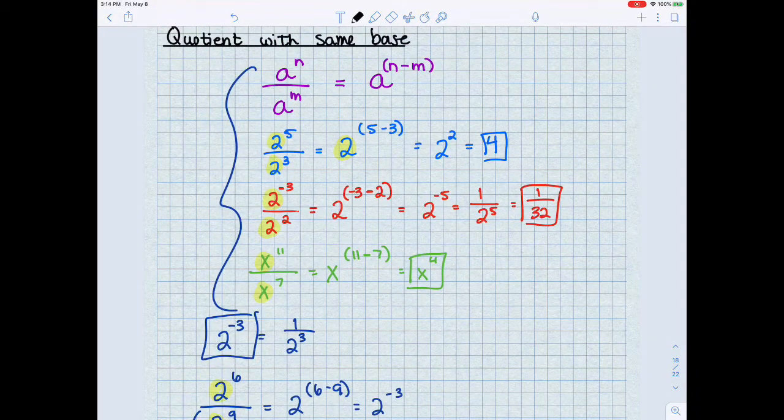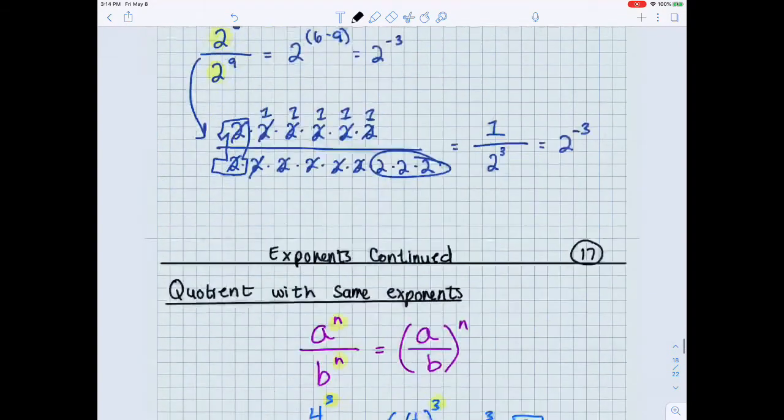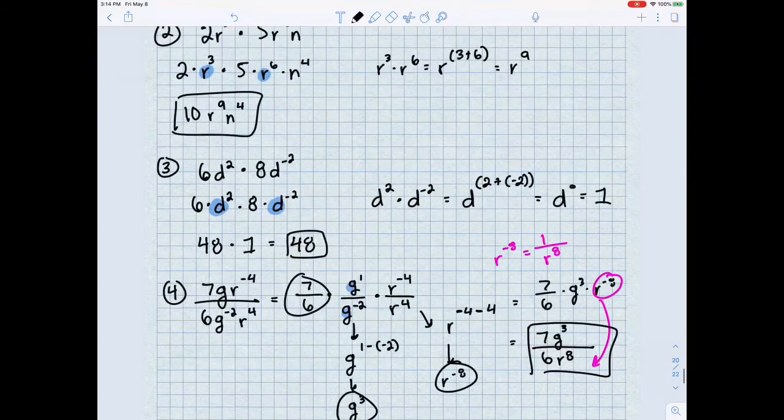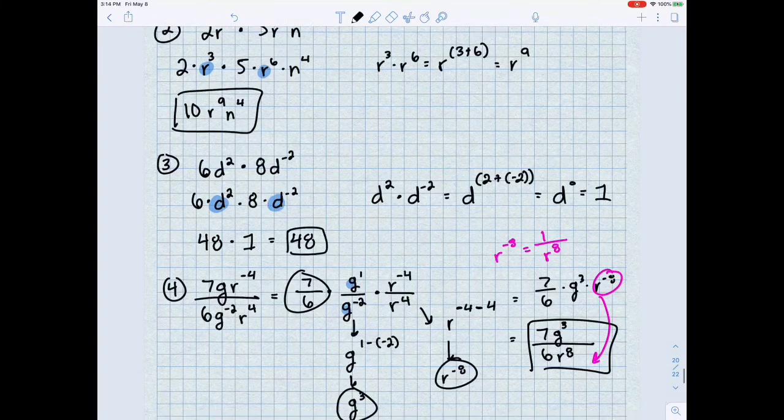Yes, it's true, but like I said, with the problems that I'm doing right now, you'll notice that there are a bunch of steps involved. So these are kind of like our multiple step equations. There are a lot of steps you have to take in order to find the solution. And that's all you're doing. So it's a matter of recognizing what properties you can use to help you simplify the answer.